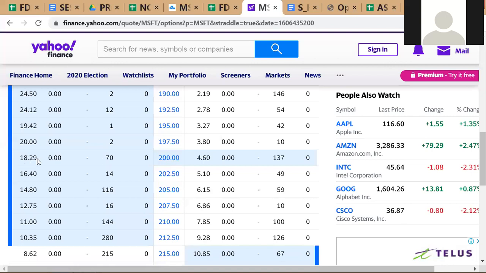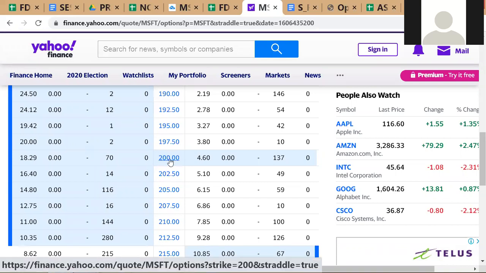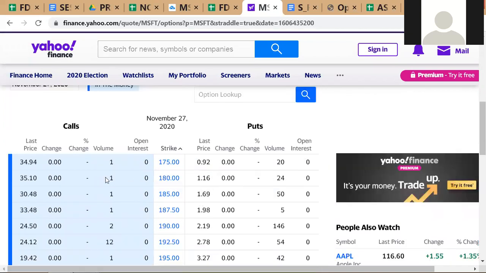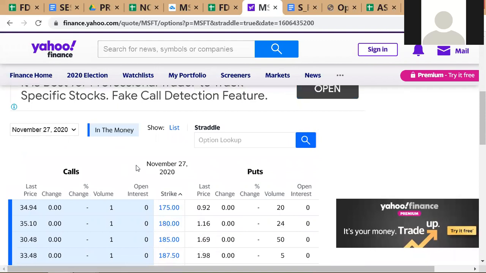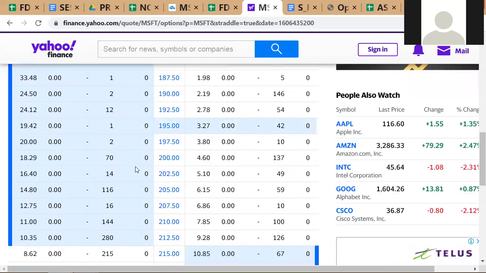So you pay 1829. You do a transaction where you buy one call options contract on Microsoft with a strike price of 200, American style exercise, expiration date November 27. Okay, and for that you have to shell out 1829 US dollars.